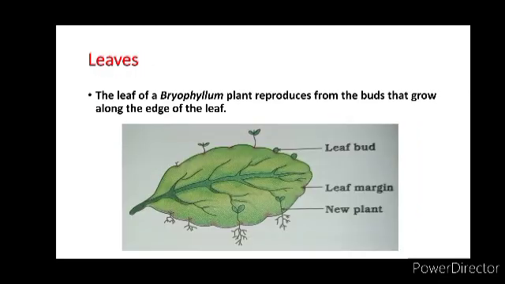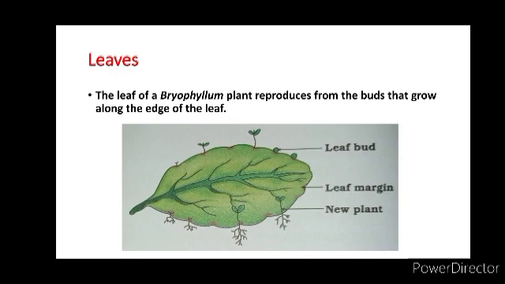The next kind of vegetative propagation is by leaves. Students, have you seen the bryophyllum plant? The leaf of a bryophyllum plant reproduces from the buds that grow along the edges of the leaf.